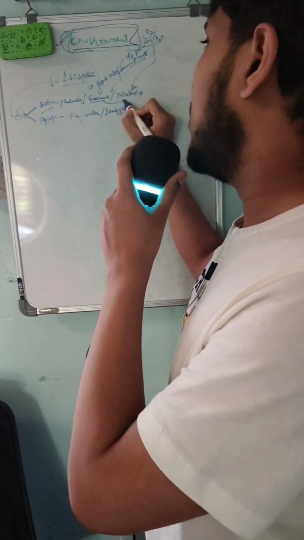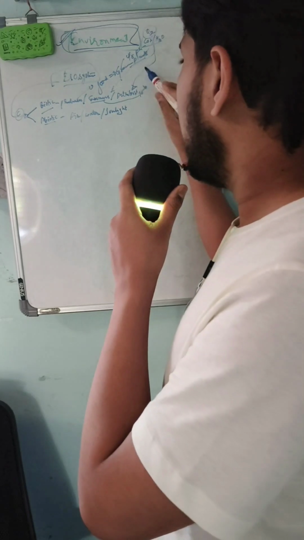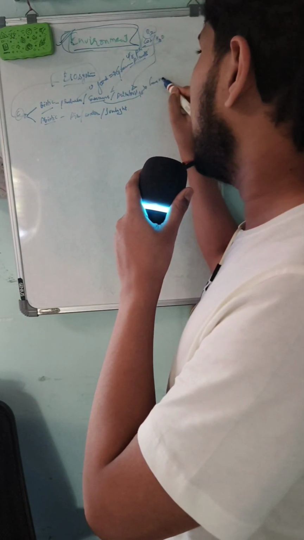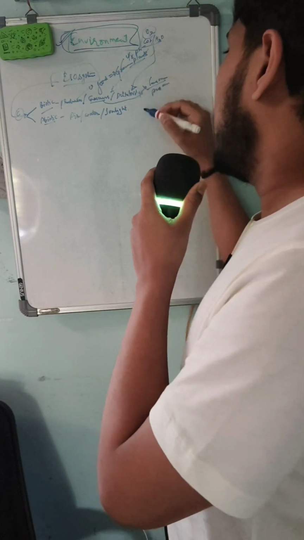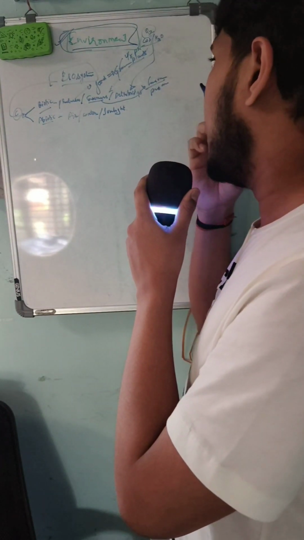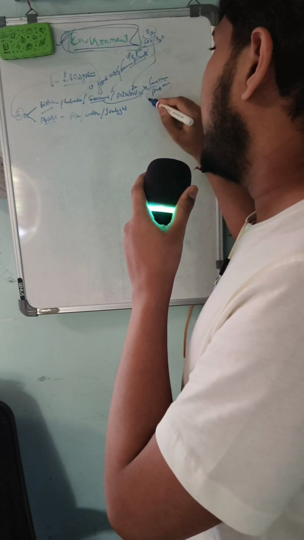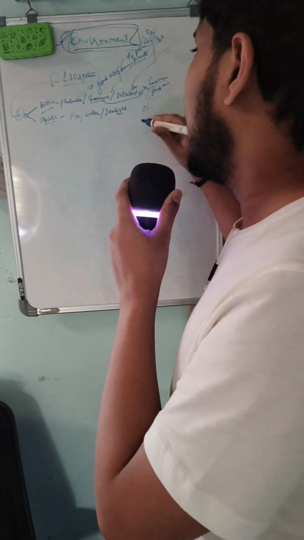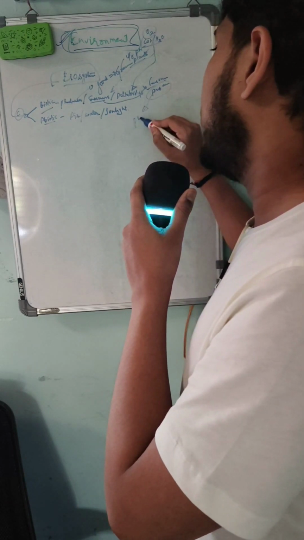And then we have consumers. Consumers basically consume food prepared by producers. Firstly, we have primary consumers.